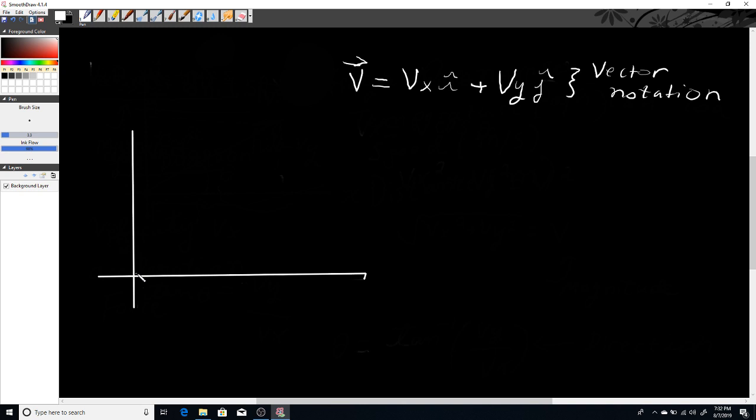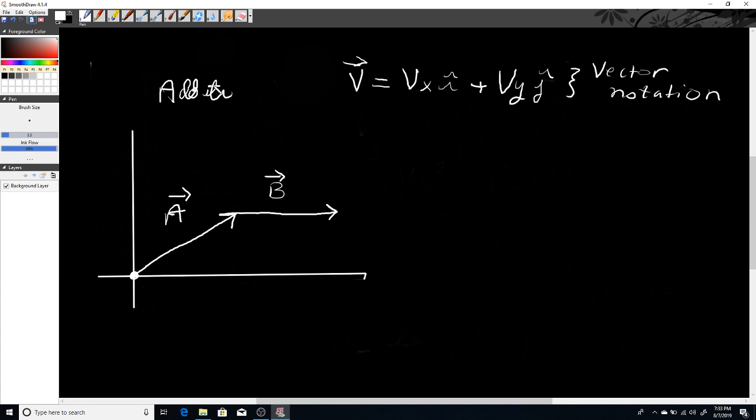One vector we'll call A, and the other vector we'll call B. We'll call this one A. And in this arrow notation, I'll show you another way of drawing these vectors. But in this case, we're going to look at the addition of vectors.